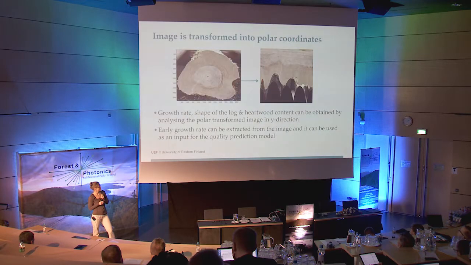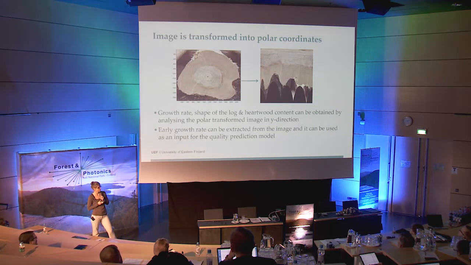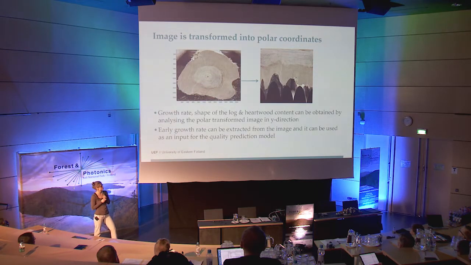What happens then is that the image is transformed into polar coordinates, and from this polar transformed image on the right hand side, you can analyze the y direction to get the growth rate, the shape of the log, and the heartwood content. And especially we get the early growth rate for that quality prediction model from this data.